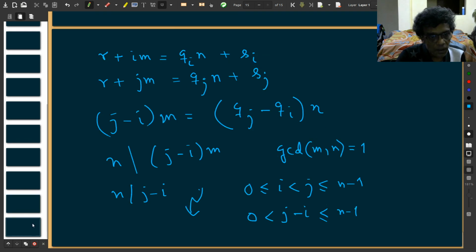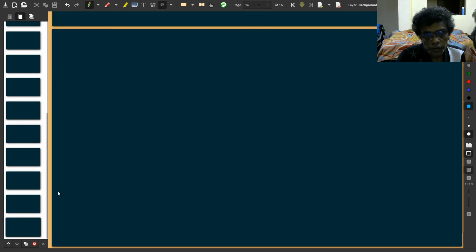Okay, so only one thing that I still want to mention to complete this proof is, now I have proved that there exists an x. So why is it unique?